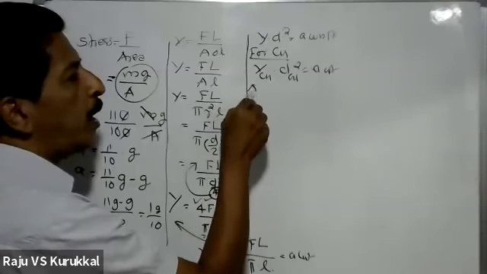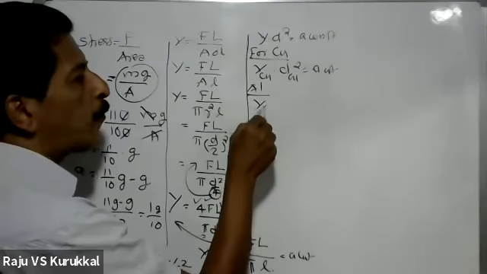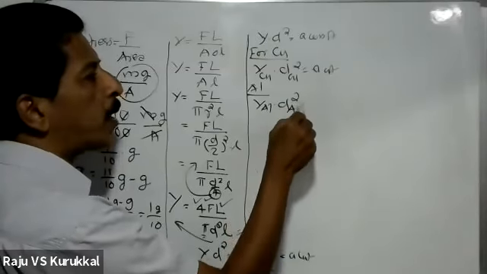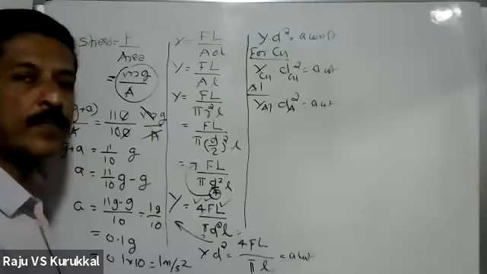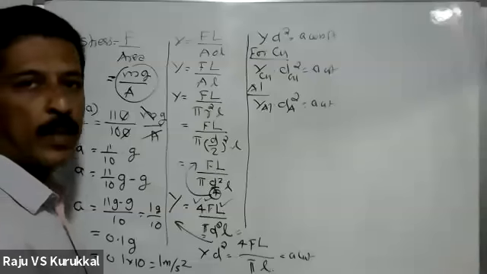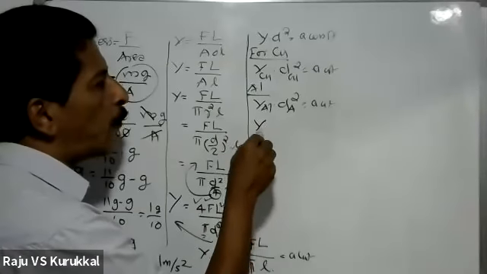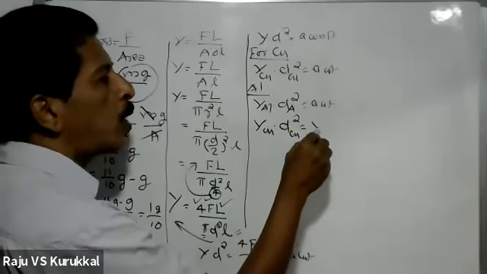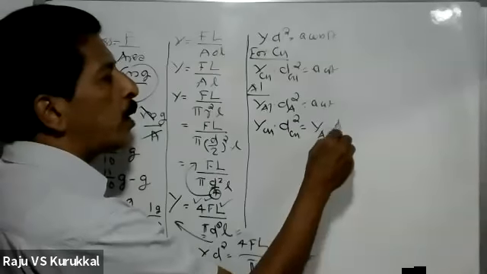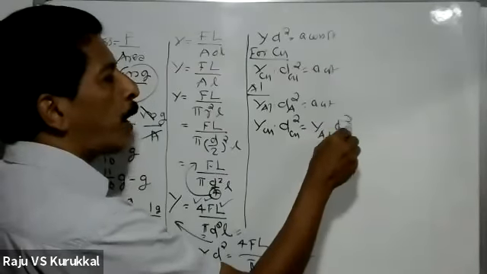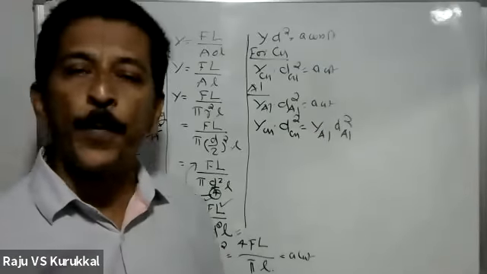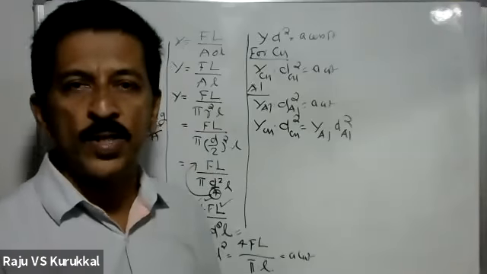And for aluminium, Y of aluminium and the diameter of aluminium square equal a constant. Then we can equate the left hand sides: Y of copper into diameter of copper square equals Y of aluminium into diameter of aluminium square. What we need to find is the diameter of copper, which the question asks.